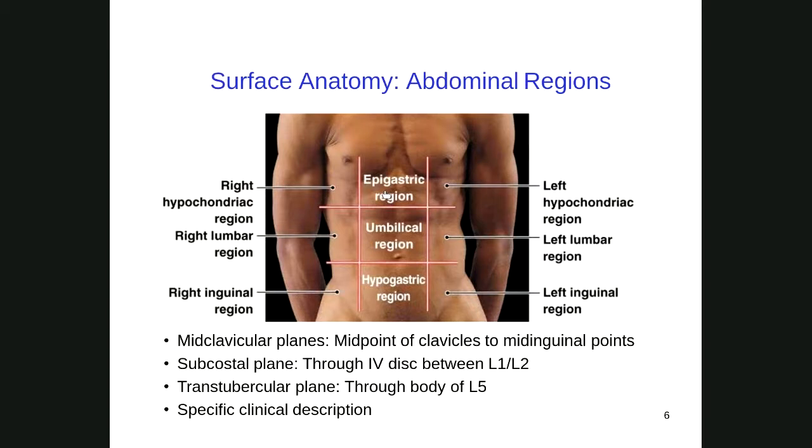It will tell you about a specific location, and then ask which of the following organs corresponds with this abdominal region. So for the right hypochondrial region, the most important organ to mention here is the liver. In addition to the liver, the gallbladder, but the liver comes first.